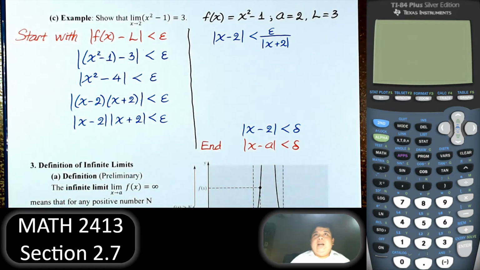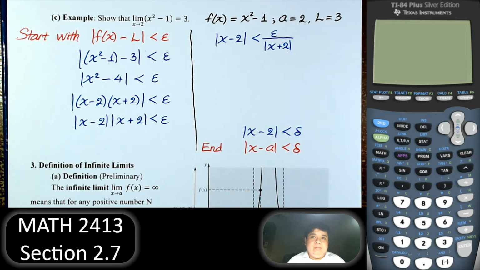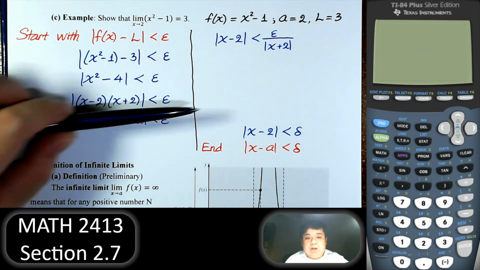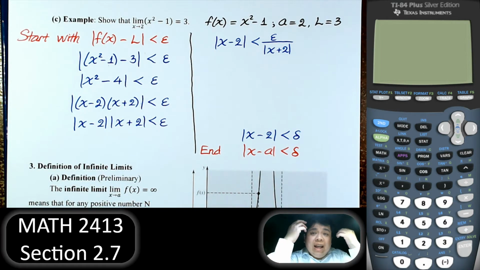Right. And then we say, why don't we make that equal to delta? And my answer will be, you cannot do that because here we have the x in it. Earlier, delta only depended on epsilon. It cannot have x in it. So that's the big problem.